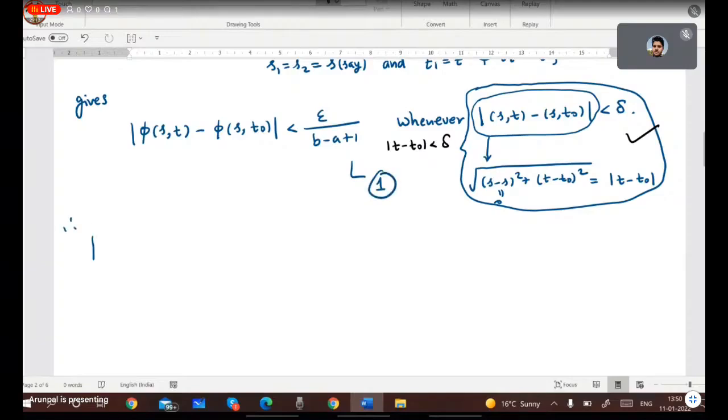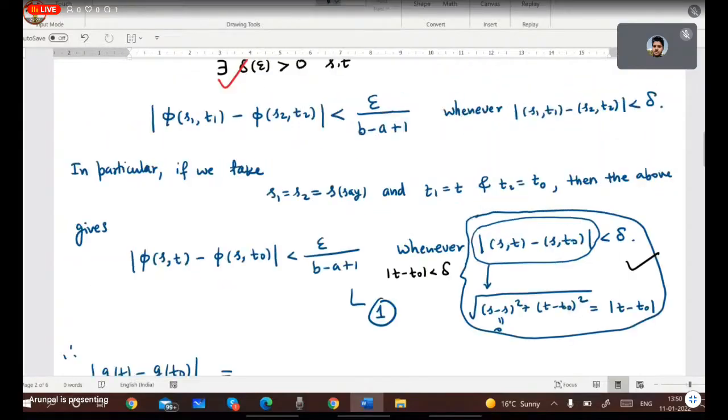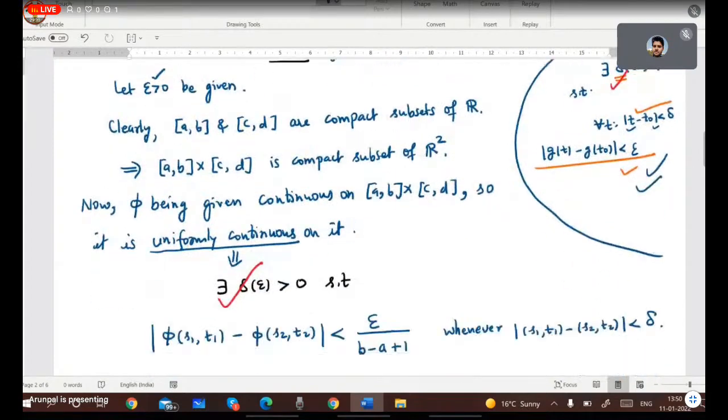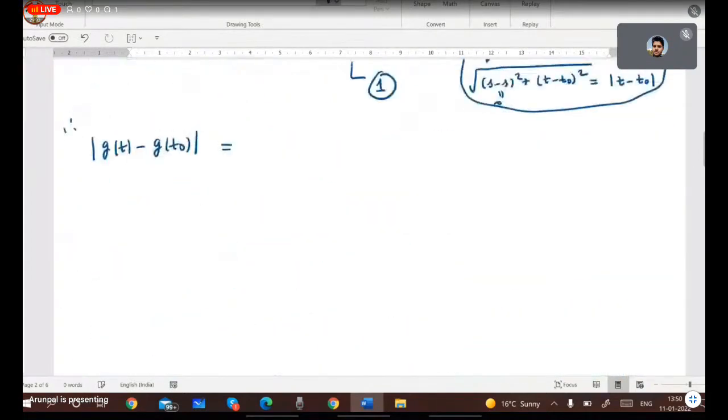So therefore, class, now we start with our goal, GT minus GT naught. We want to show that this difference is less than epsilon, whenever mod of T minus T naught is less than delta. This is our aim, to show the continuity of G at T naught, right, class? So we start with this.